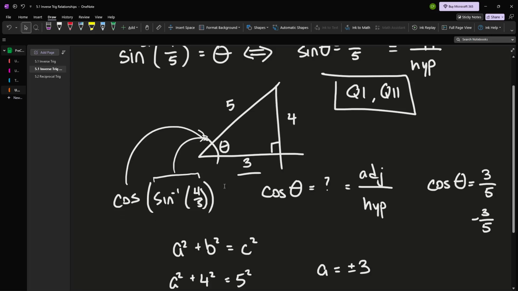So I solve for the ratio of cosine by needing the third side, because it's adjacent over hypotenuse. I find out that adjacent is 3, so I have 3/5. But in quadrant 1 it is positive 3/5, and in quadrant 2 it must be negative 3/5.